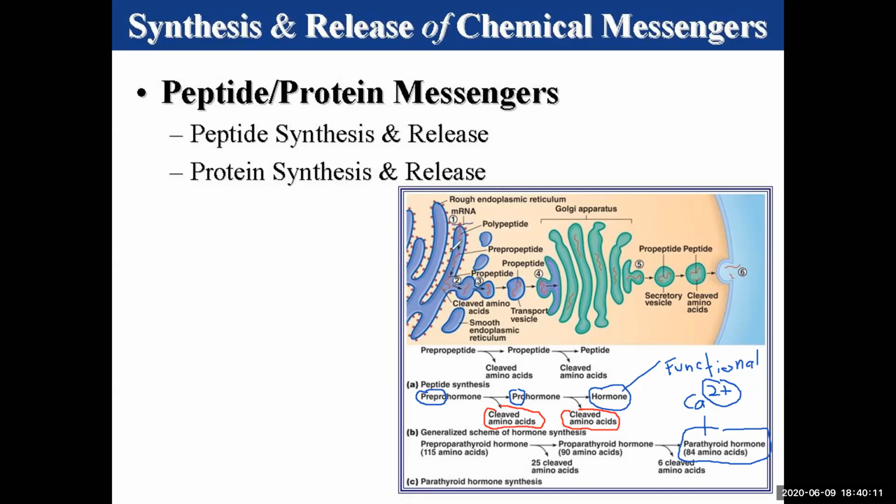Okay. So combining multiple lectures, unit 1 to unit 2. The process of gene expression, in this case, producing a protein, and this protein has a function, and its function is a chemical messenger. And this chemical messenger being released into the bloodstream for long distance, we call that type of chemical messenger a hormone.